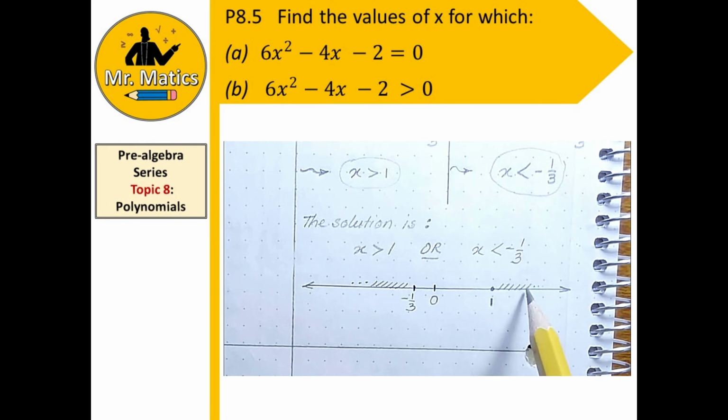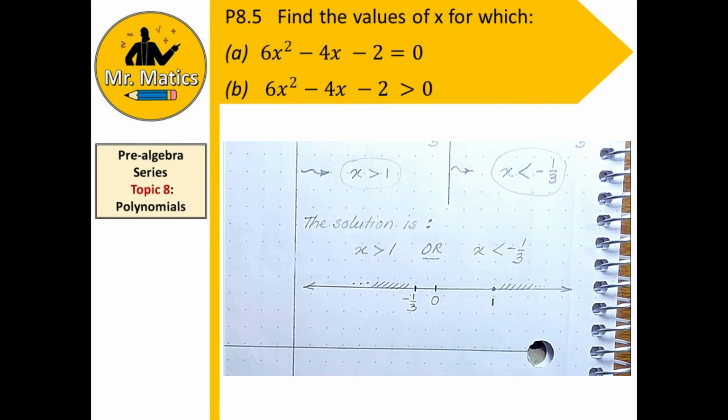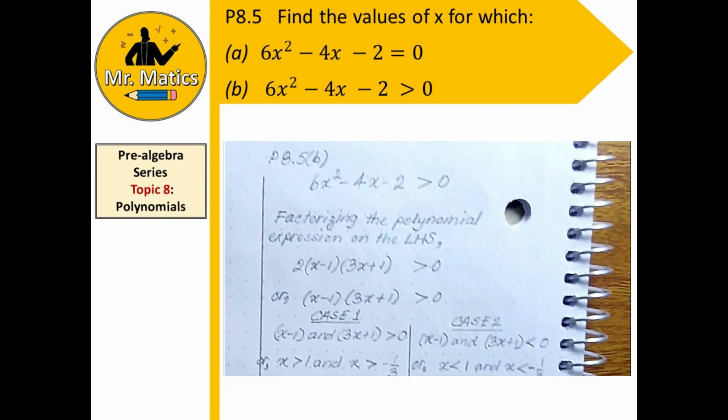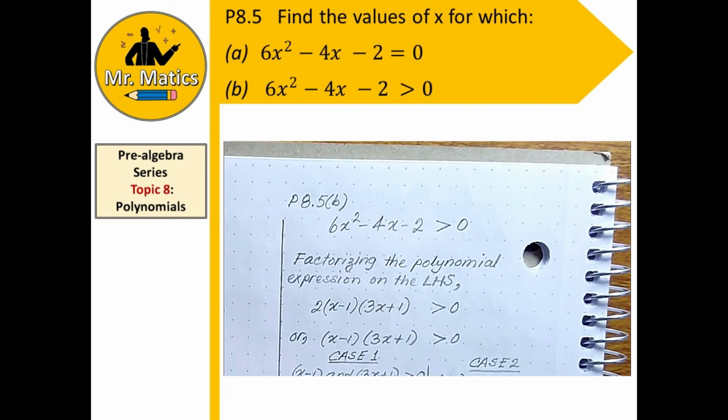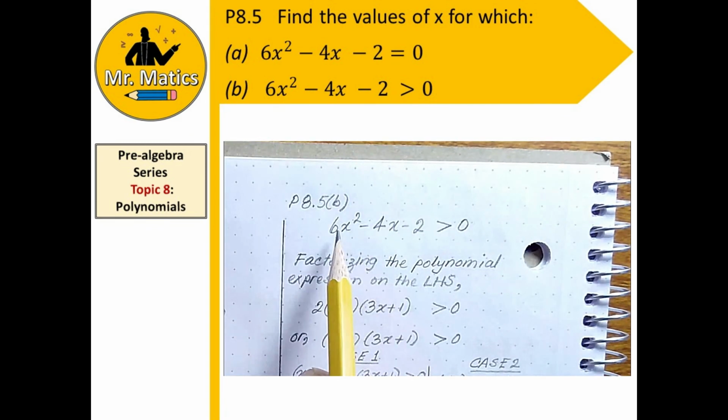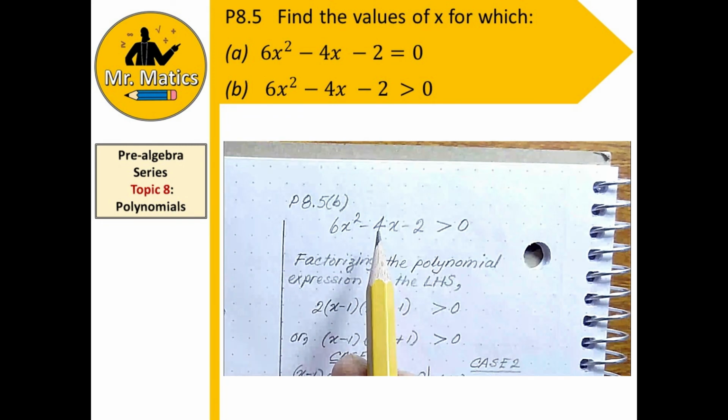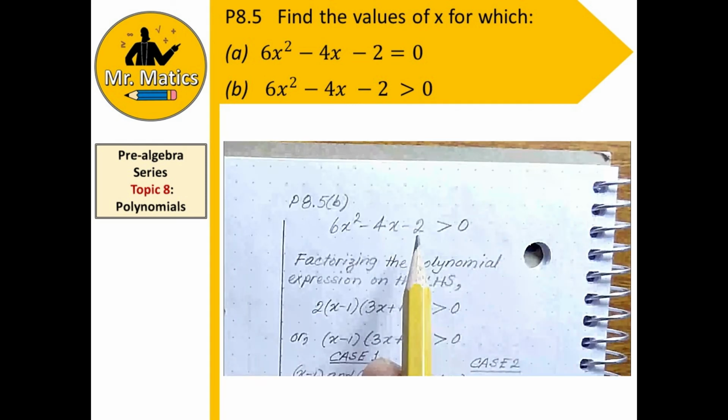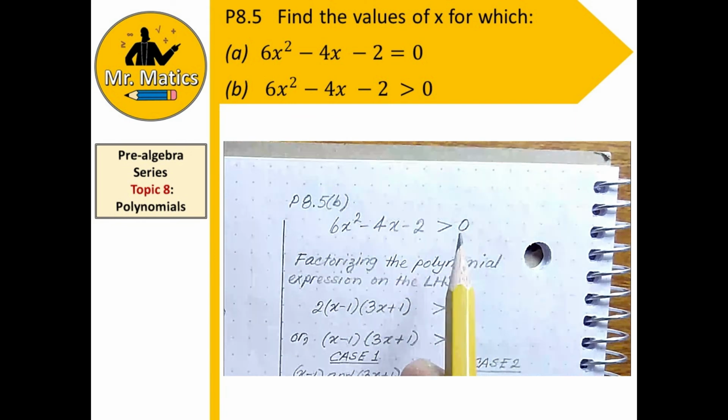So if x is 2, we put that in the polynomial. 6 times 2 squared is 24, minus 4 times 2 is minus 8, so 24 minus 8 is 16, and then minus 2 is 14, and we know 14 is greater than 0, so it does make sense.